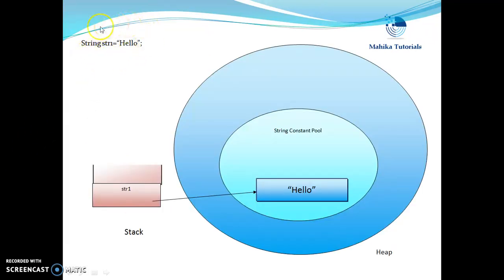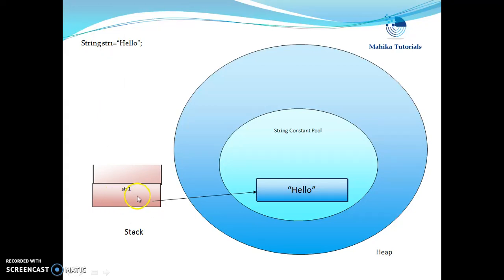Suppose this is the first string that we are creating. Let's say String str1 = "hello". So now how JVM is going to work: suppose this is our heap within which we have SCP, our string constant pool, and then this is the stack. So when we say String str1 = "hello", in this case we know that this reference variable will get allocated in stack.